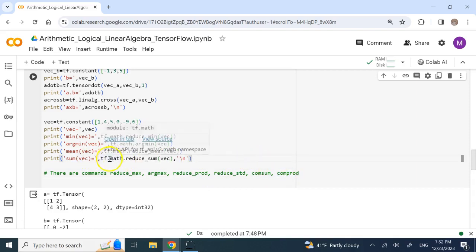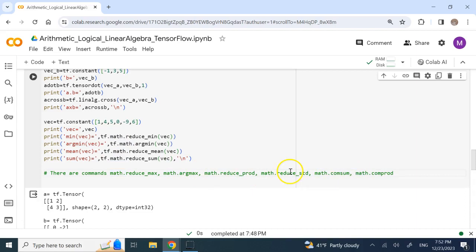All of them are under what? Dot math. Okay, so math dot this and so on and so forth. Okay, these are all under math. So let me just add them for you.